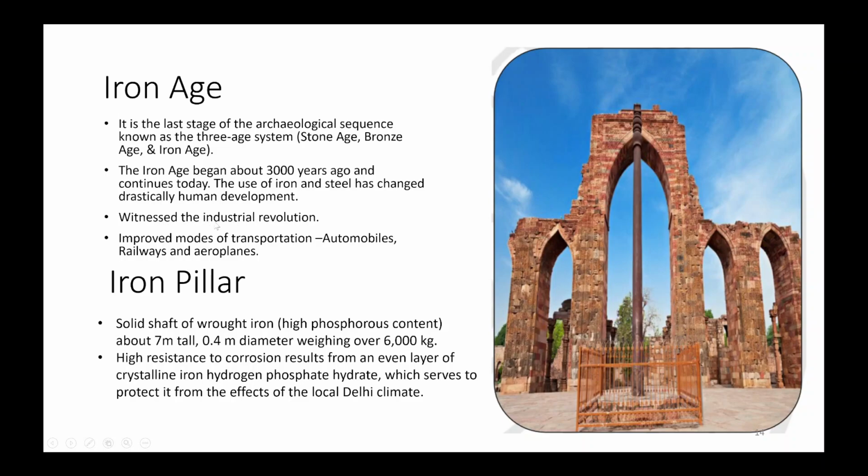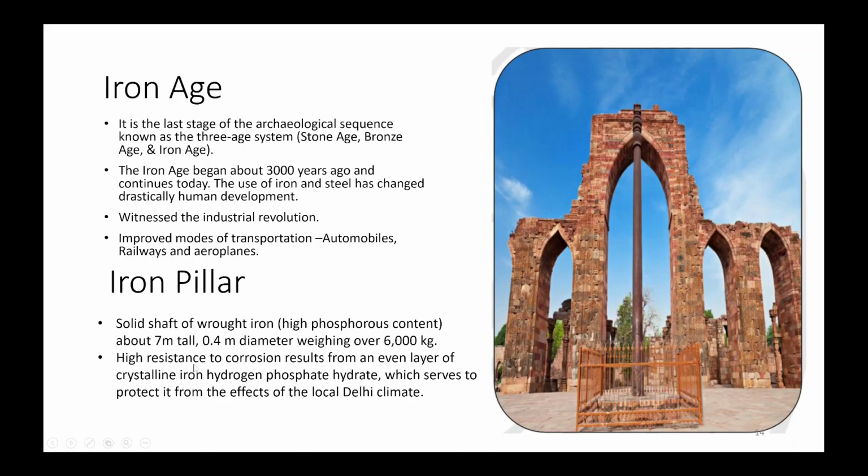We have witnessed the industrial revolution also, and it has improved modes of transportation, and we use it in automobiles, railways, and aeroplanes. One example of this is the iron pillar, which hasn't corroded till today. It is 7 meters tall, 0.4 meter in diameter, and weighs around 6000 kg, and it is made of wrought iron which has high phosphorus content.